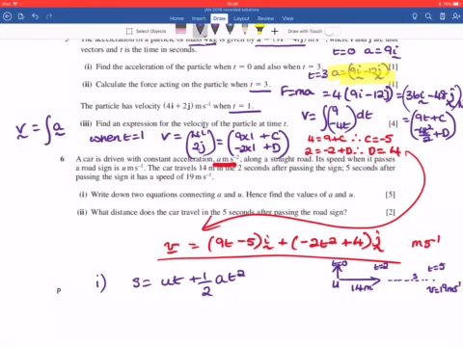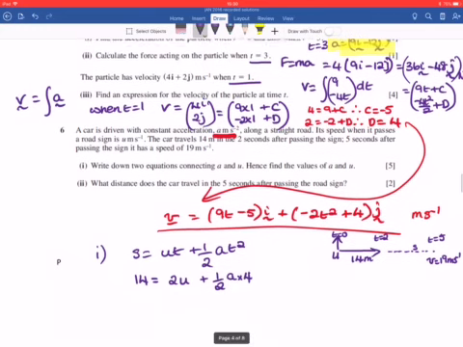Looking at part 1, 14 equals 2 seconds, so 2u, plus a half a, and 2 squared is 4.